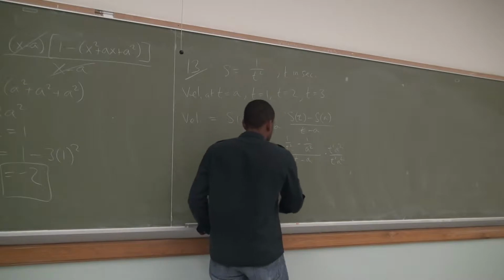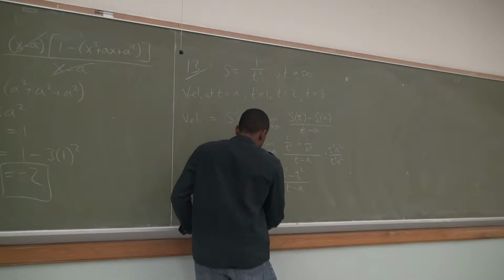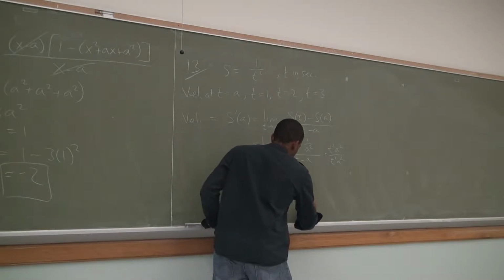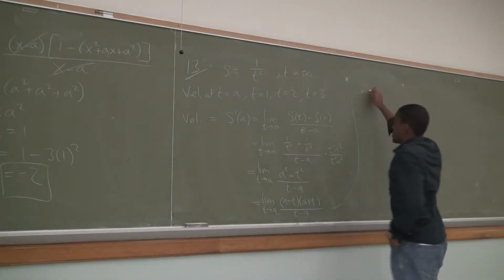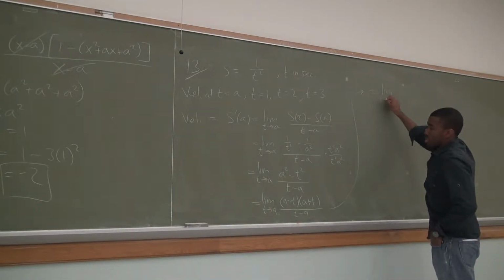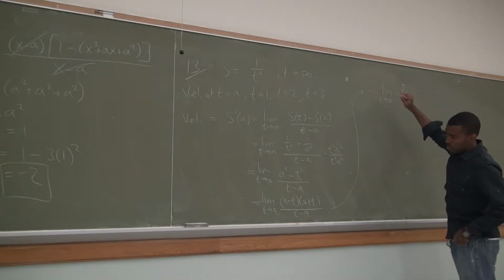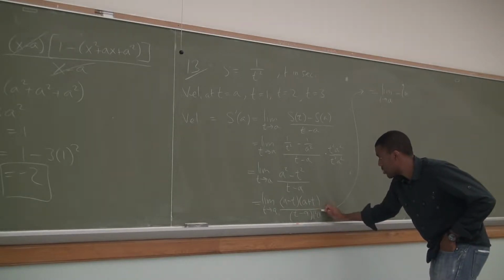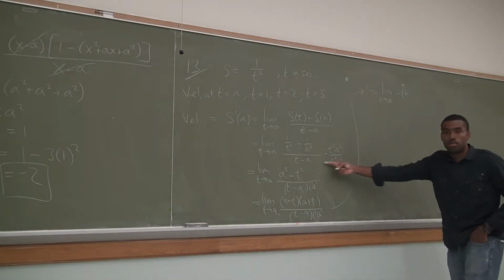So you multiply this, you would get a squared minus t squared. Difference of two squares. And so this is minus, so I forgot to do this one here. t squared a squared for the denominator.